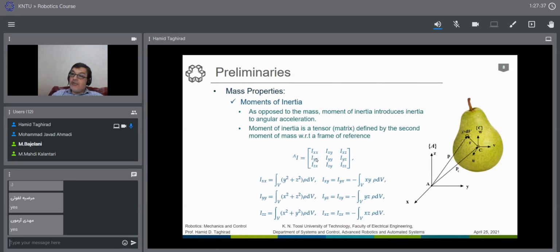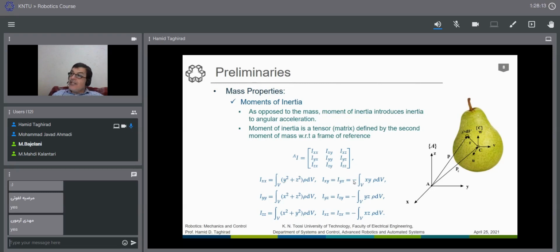This matrix has some diagonal values, Ixx, Iyy, Izz. We define this matrix with respect to a frame, as before. Of course, this is frame dependent. We are considering the moment of inertia of this body with respect to frame A. And as you see, Ixx gives you the integral of (y² + z²) rho dV.